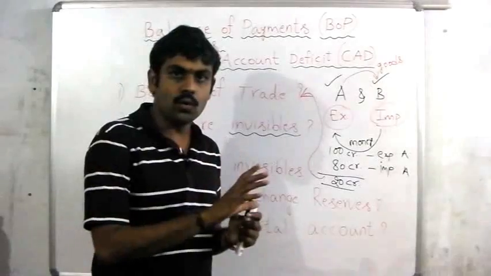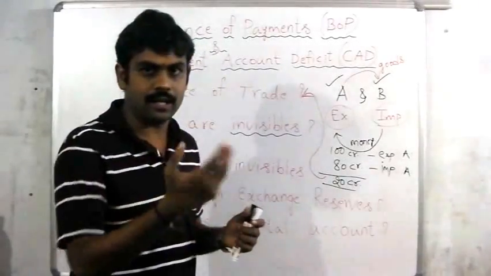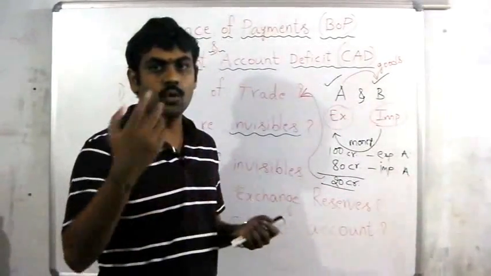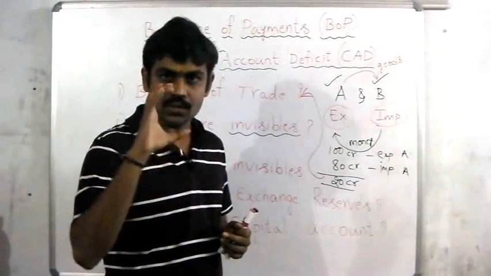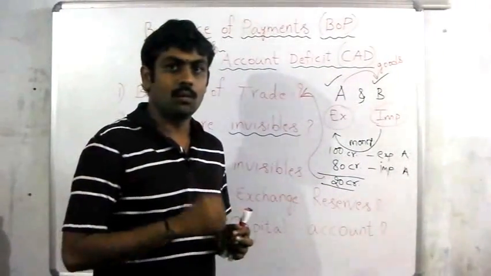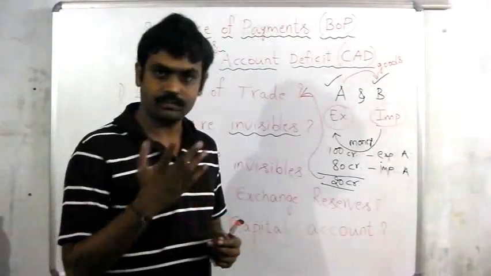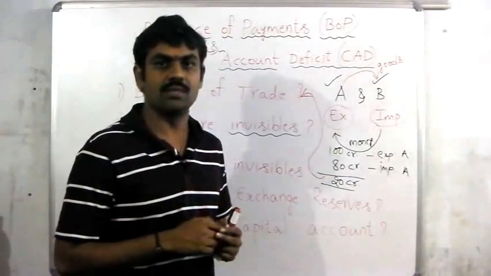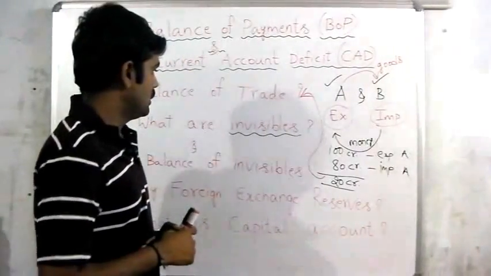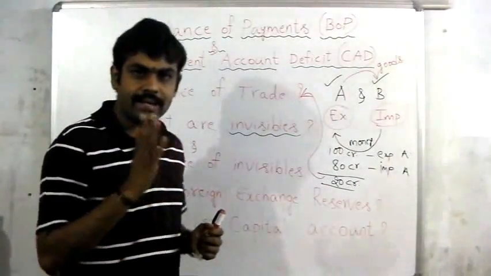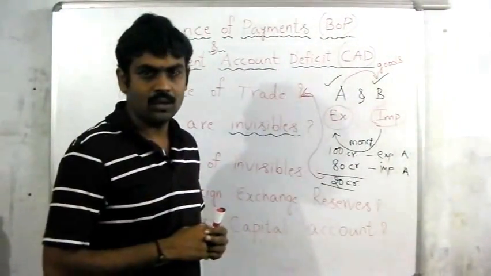So, a good is being exported to a country, as well as a good may be imported to a country. That good is visible. What about a service? A service is not visible. For example, banking is one of the services.